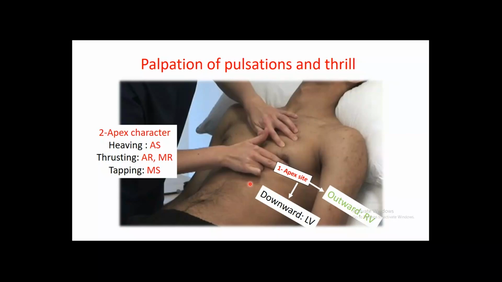If we have a thrusting or hyperdynamic apex, this occurs in patients with marked volume overload, like in aortic regurgitation or mitral regurgitation.